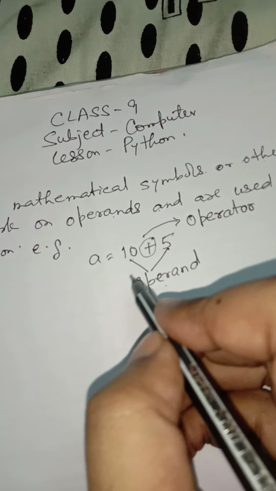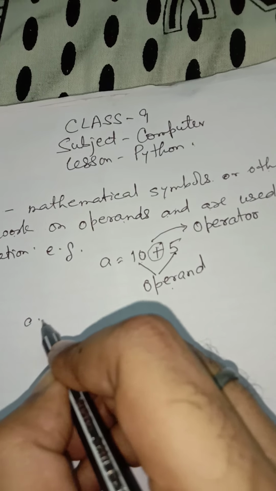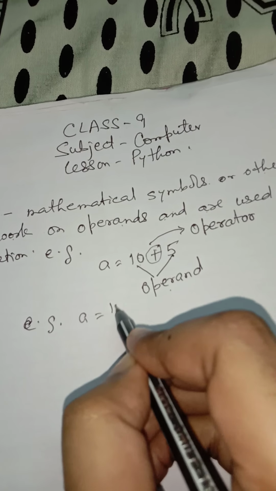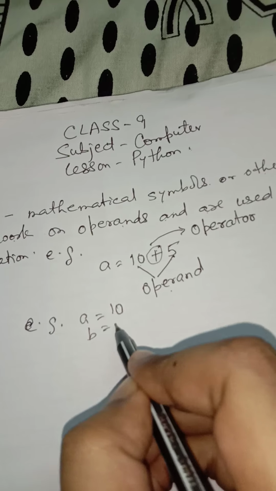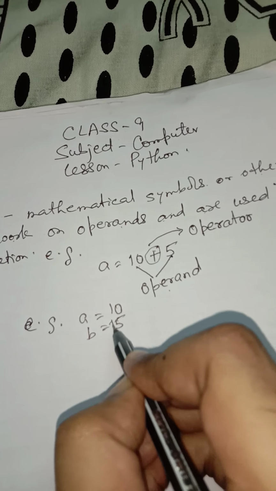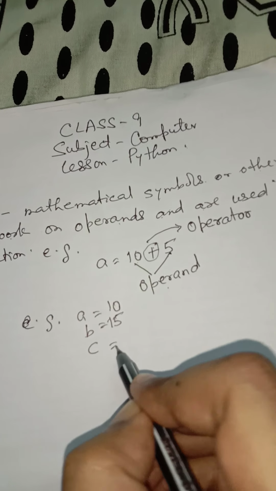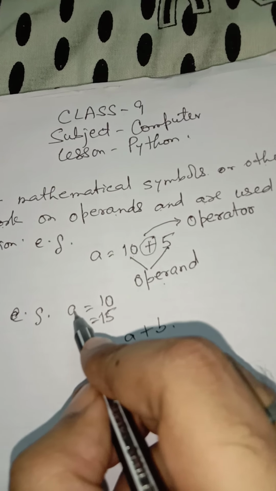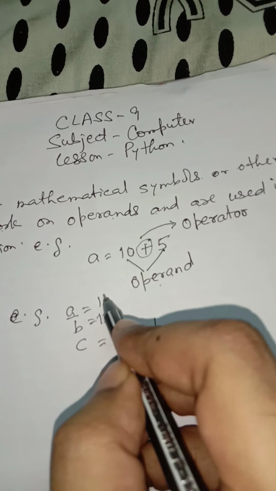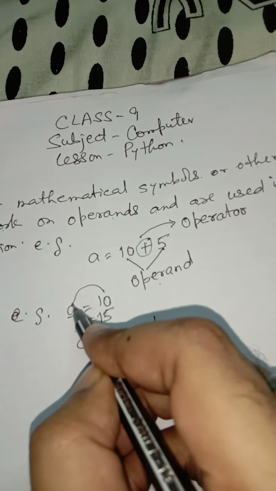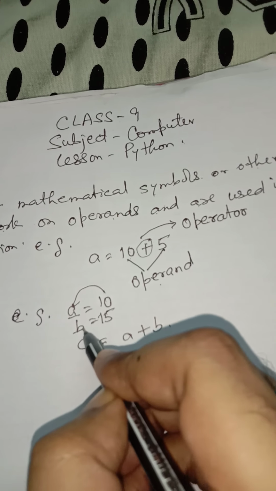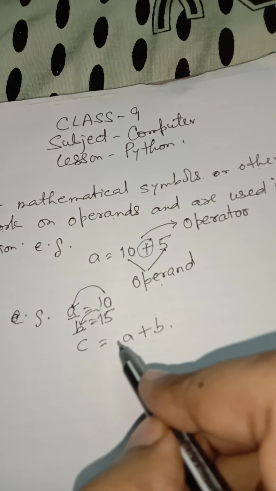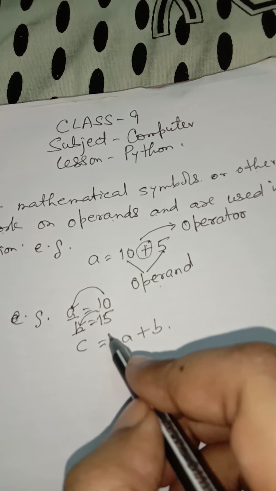Similarly, suppose I take another example in which I have written A is equal to 10, B is equal to 15, and C is equal to A plus B. Here A is the variable and 10 is the value assigned to A. B is the variable and 15 is the value assigned to B. This is the assignment operator.